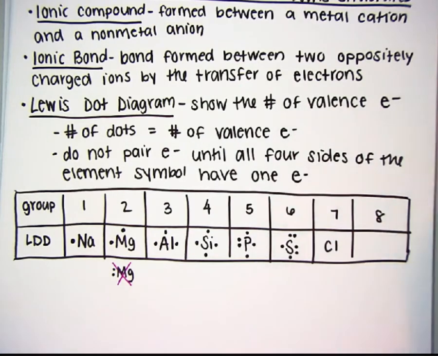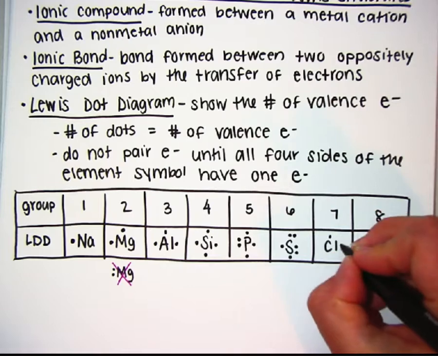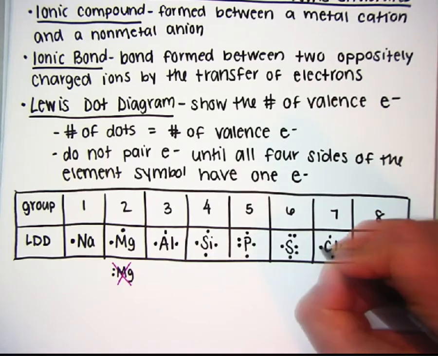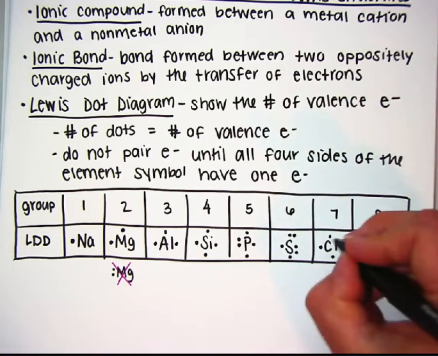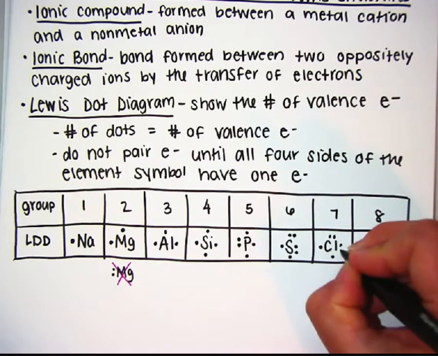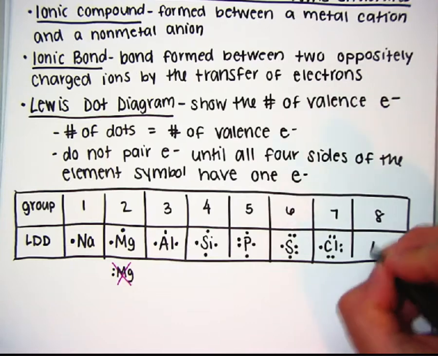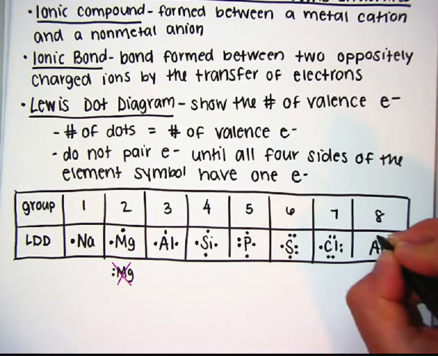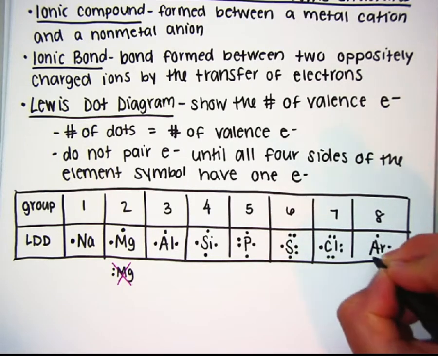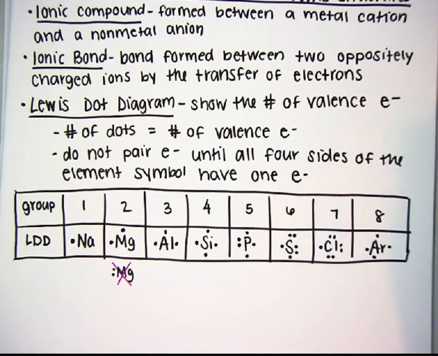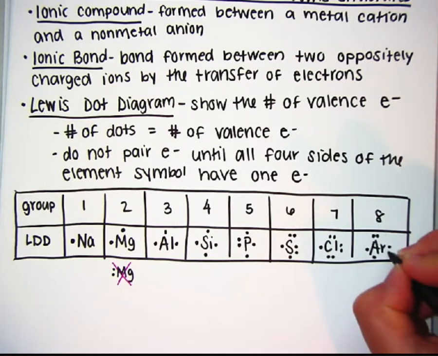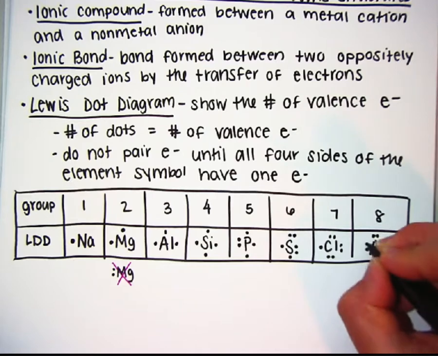Chlorine is in group 7. 1, 2, 3, 4. Once all 4 sides are filled, 5, 6, and 7. Group 8 would be argon. 1, 2, 3, 4, 5, 6, 7, and 8.